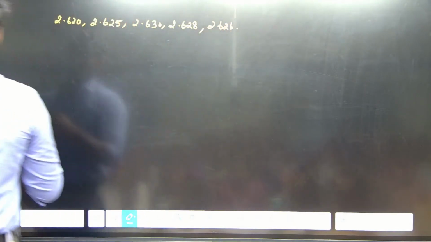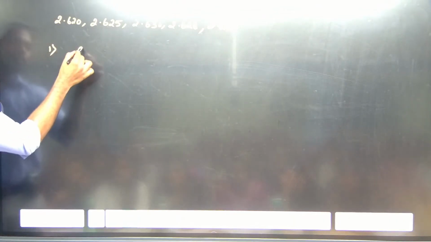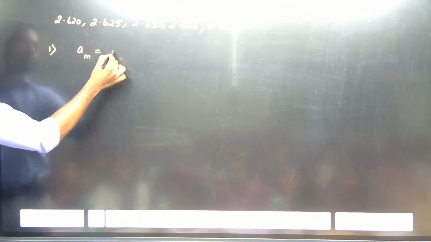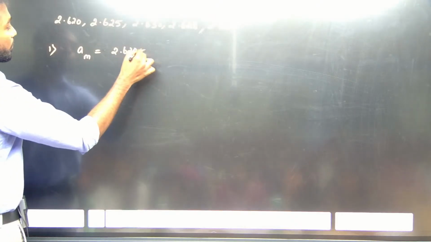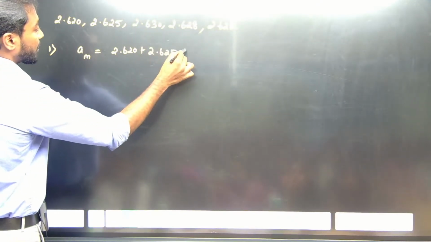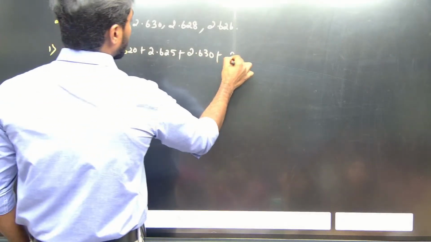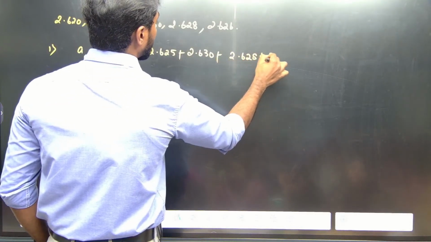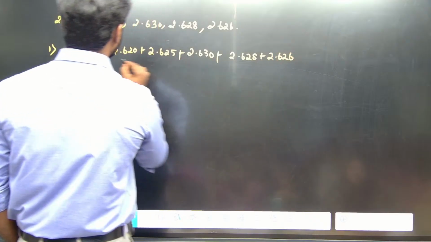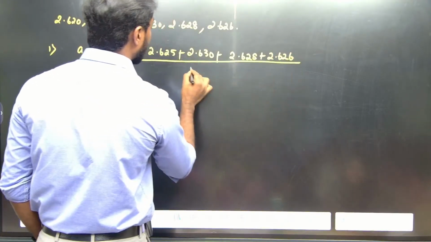The first step is the mean, which is nothing but 2.620 plus 2.625 plus 2.630 plus 2.628 plus 2.626 by how many numbers? 5.